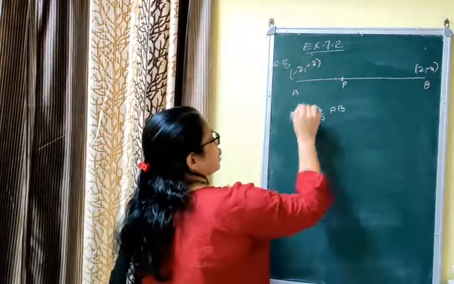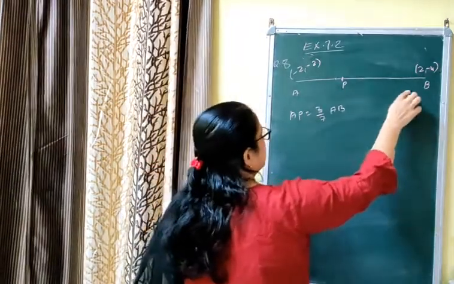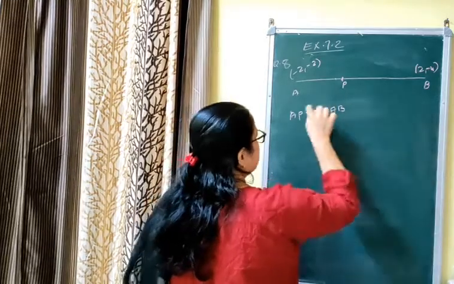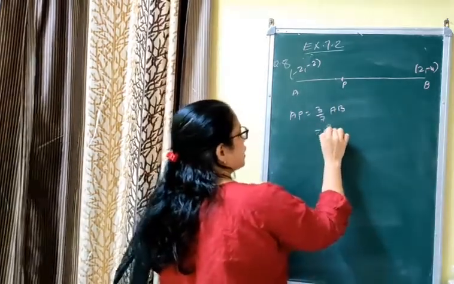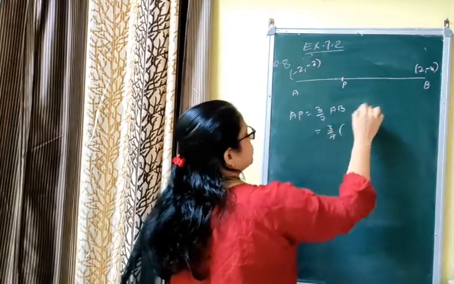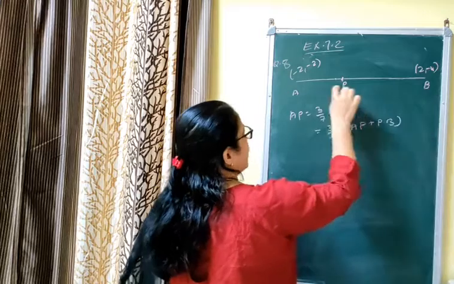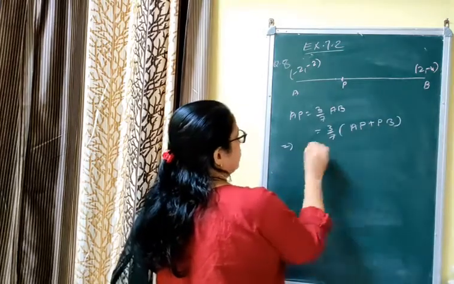If you know the ratio AP : PB, then you can use the section formula. How can we find AP : PB from this given one? This can be written as AP/AB = 3/7. AB can be split as AP + PB.